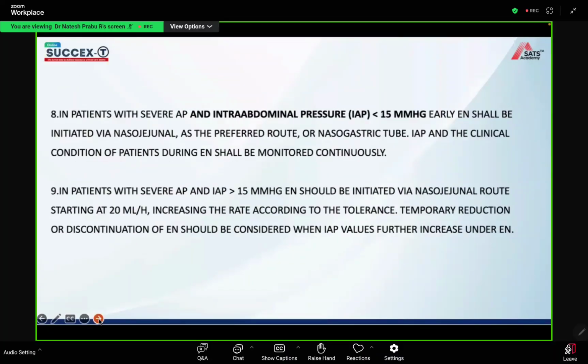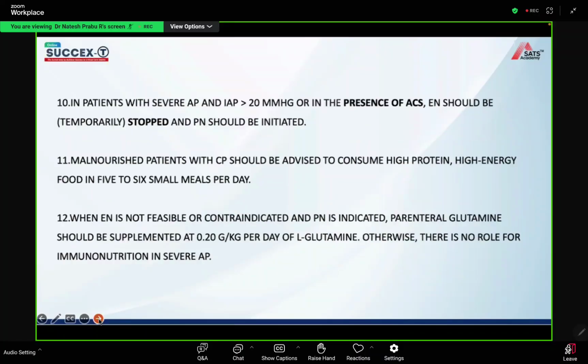So in a patient with severe acute pancreatitis, if the intraabdominal pressure is less than 15, then enteral nutrition can be started easily. Only in a patient with intraabdominal pressure of more than 15 or abdominal compartment syndrome, then probably we need to consider the parenteral nutrition earlier.